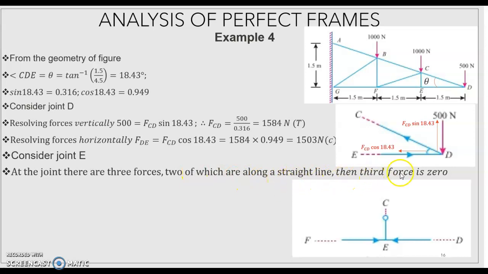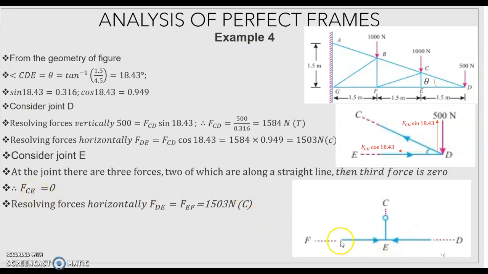The third force is 0. Here, FEF and FDE are in a straight line, so FCE is equal to 0. Then resolve horizontally. The two horizontal forces are equal and opposite, so FDE is equal to FEF, which is 1503 Newton.